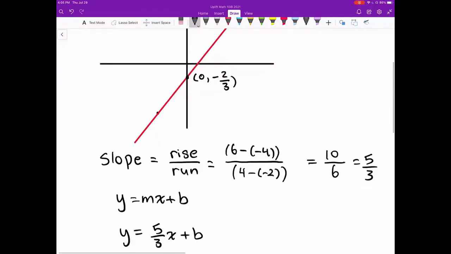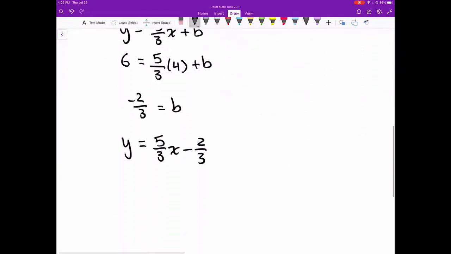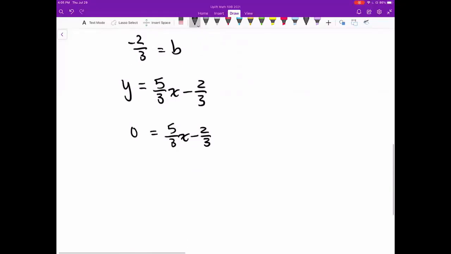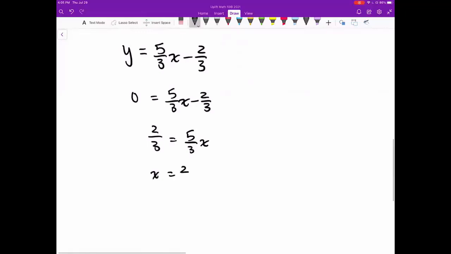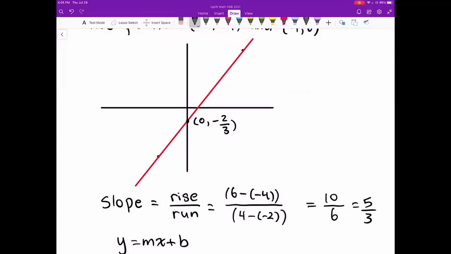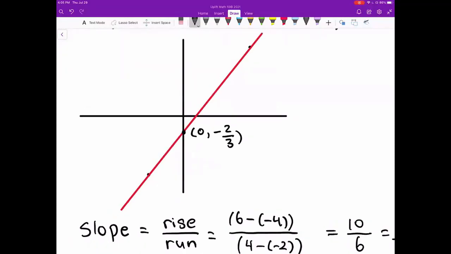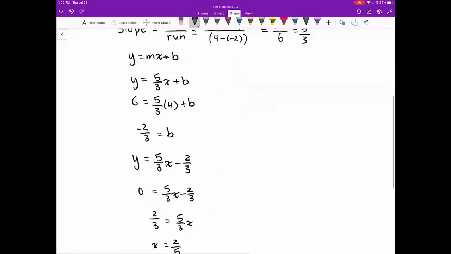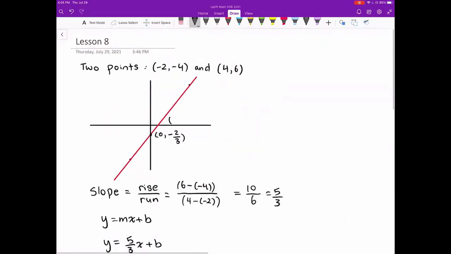To find the x-intercept, you substitute y for 0. So 0 is equal to 5/3x minus 2/3, and we get 2/3 equals 5/3x. So x is 2/5, and the point at which this line intersects the x-axis is 2/5, comma 0.